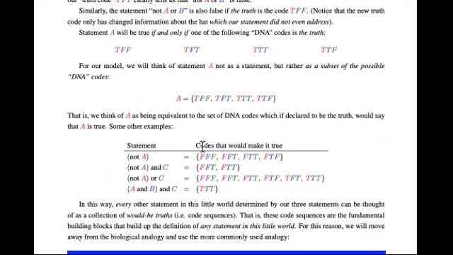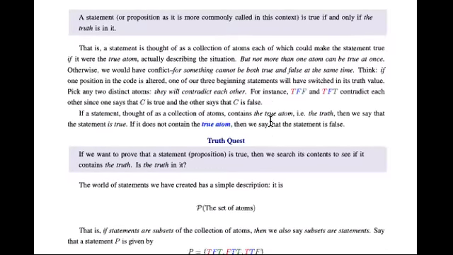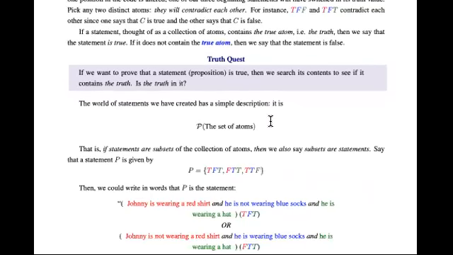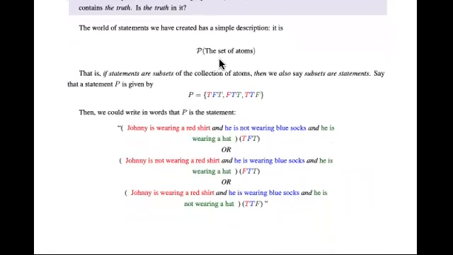So a statement is true exactly when the true atom is in it. So we take the set of atoms, those truth-false sequences, and we take the power set of that collection.